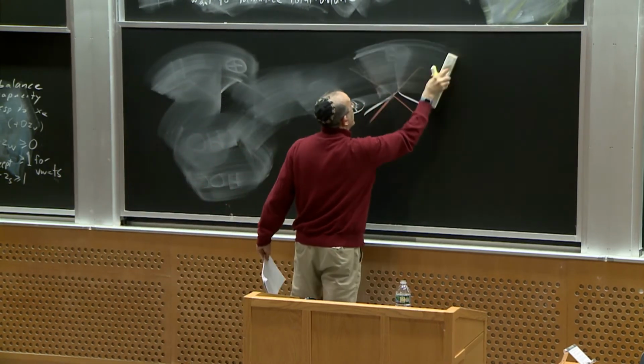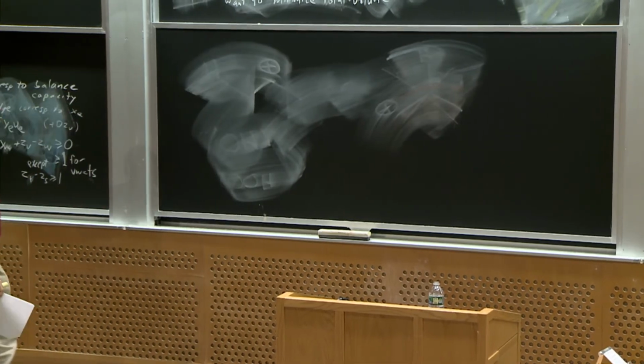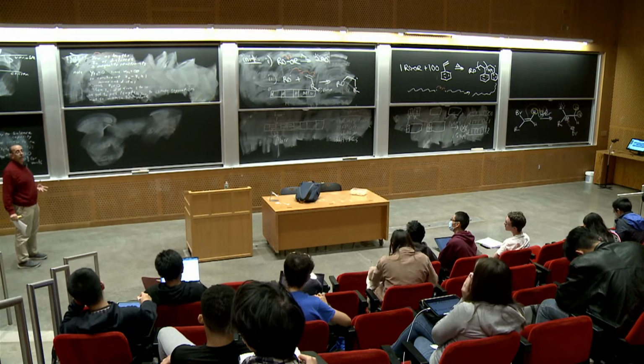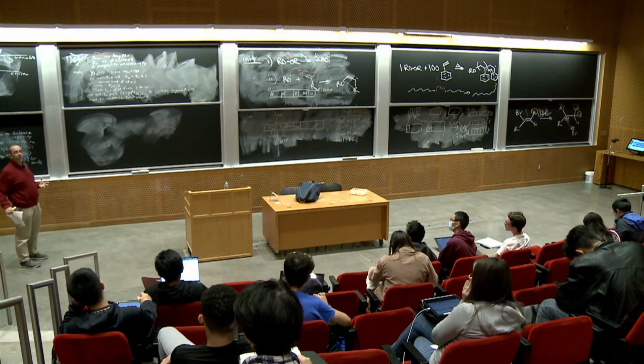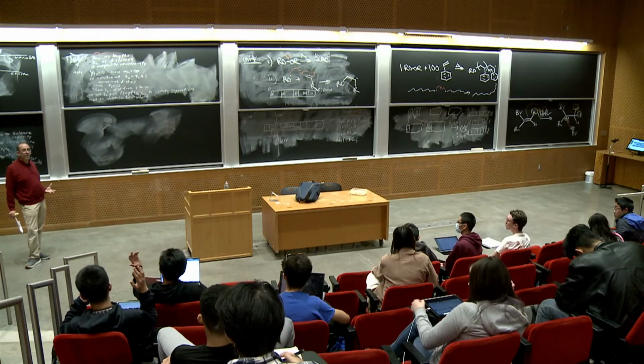So one thing I'll point out is that this dual LP, which says you want to separate S from T, actually gives a justification for an algorithm that we developed for max flow. What algorithm that we developed for max flow is actually driven by separating S from T? Yeah?